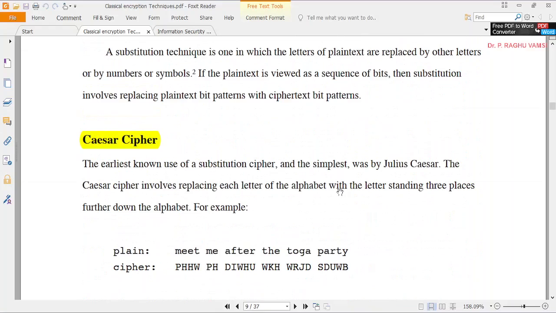So here, the Caesar cipher, the substitution cipher. In general, a substitution technique is one in which the letters of plain text are replaced by other letters or by numbers or symbols. If the plain text is viewed as a sequence of bits, then the substitution involves replacing the plain text bit pattern with the cipher bit pattern.